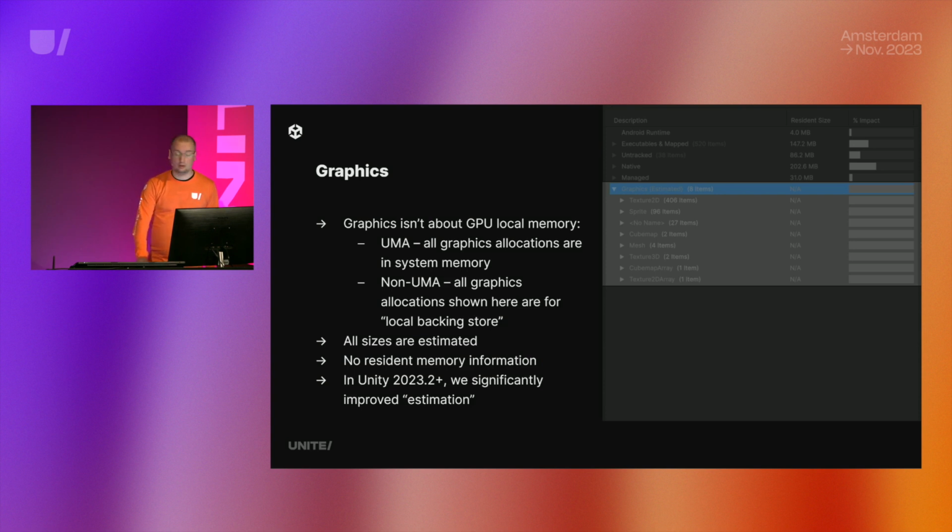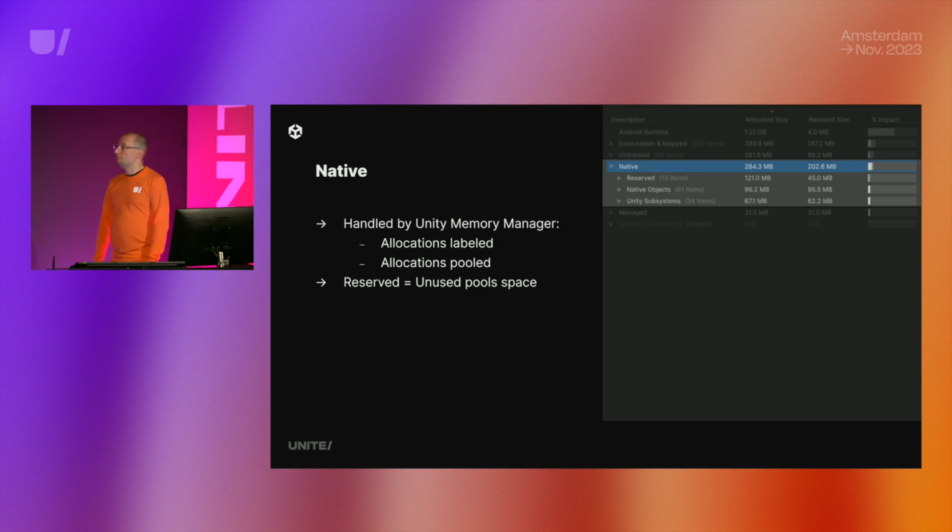The next one is native. And native is so much easier compared to all the previous ones. It's actually everything that Unity allocates for you outside of managed, but inside of it. All Unity allocations, because we have a memory manager, perform all allocation management inside of Unity.